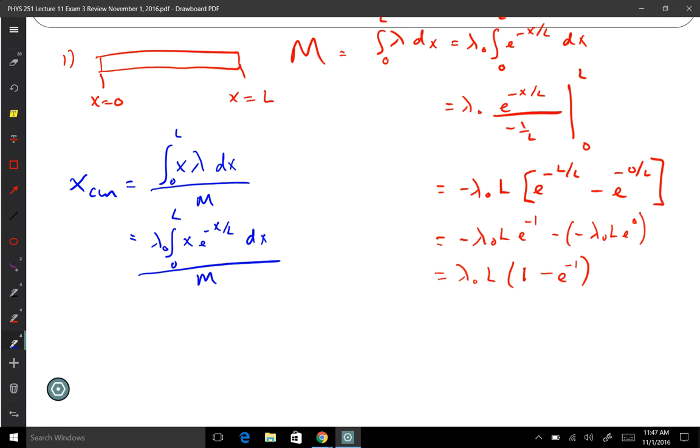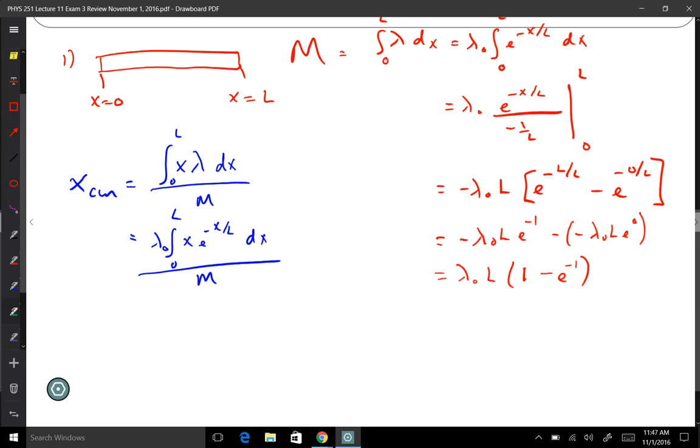Right. Okay, so now I have to do this integral. How do you do that integral? I don't have it memorized. Integration by parts, yeah. So I'll take this integration by parts and I'll say let u equal x, therefore du equals dx.